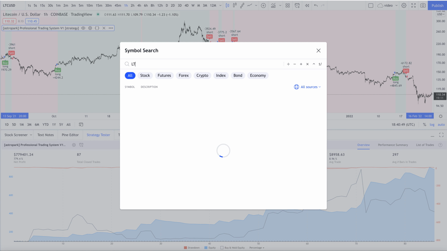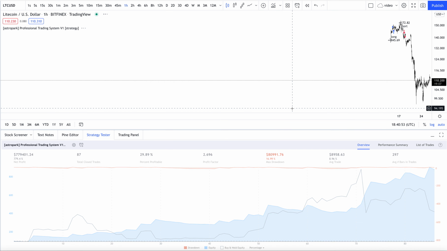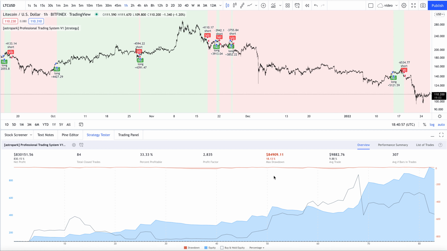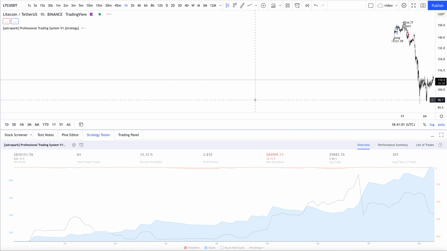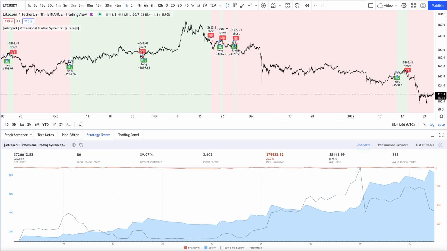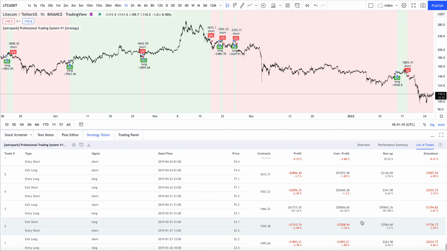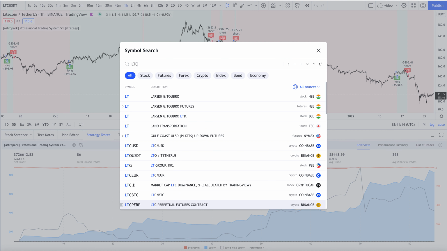So let's check how the same strategy performed on other exchanges. So let's say Bitfinex performed well. Let's say on Binance. The years are different, of course. Sorry for the drawings. The years are different because the same years. Okay, the results are still good.